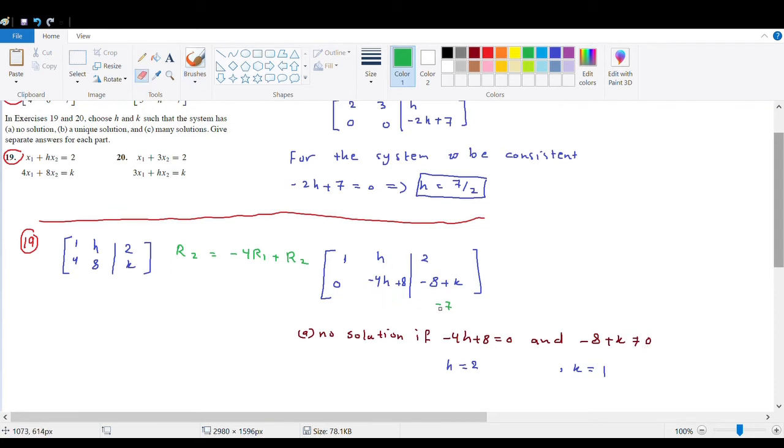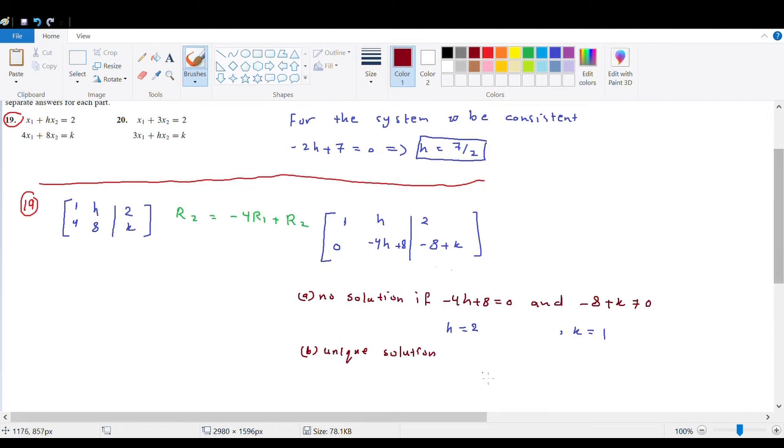Now it said here also we need to choose a unique solution. So for a unique solution, that means there is no free variable. So we have a value for minus 4h plus 8, and also we have a value for minus 8 plus k.